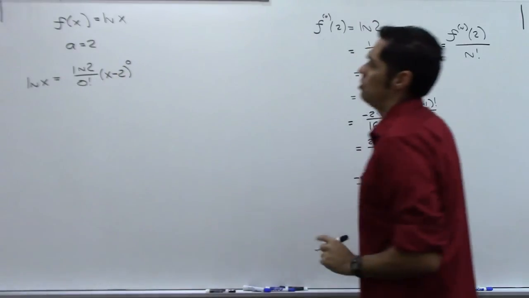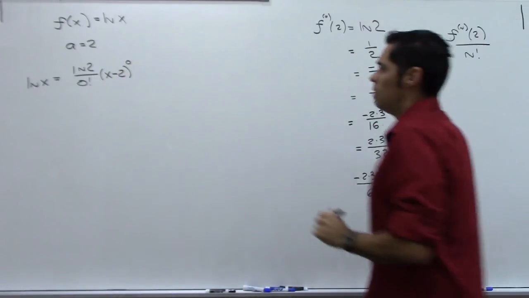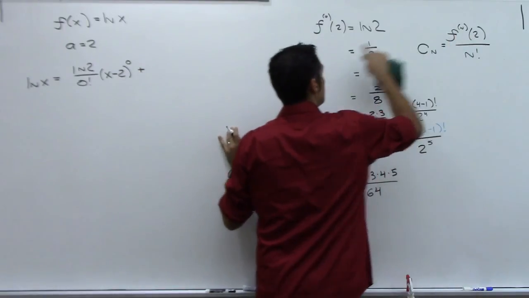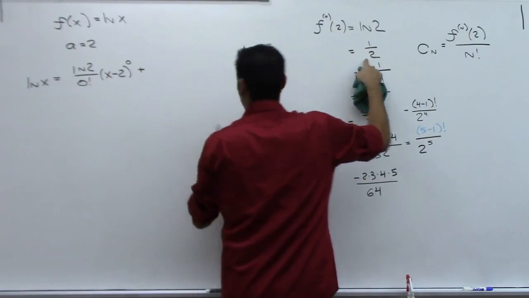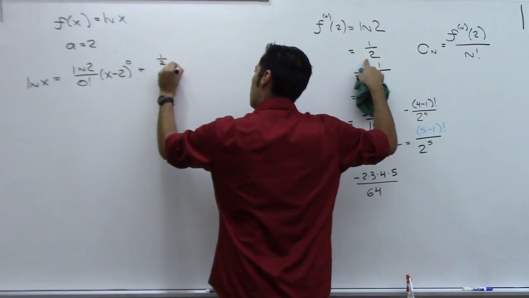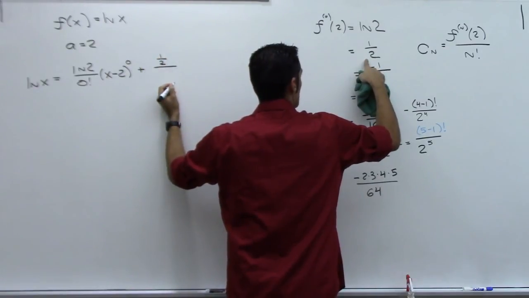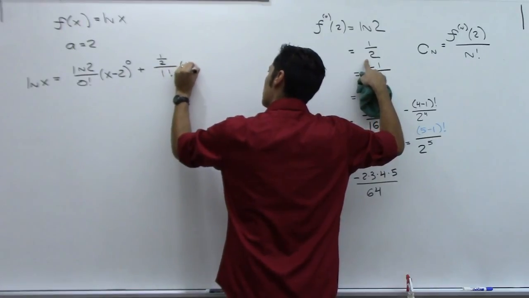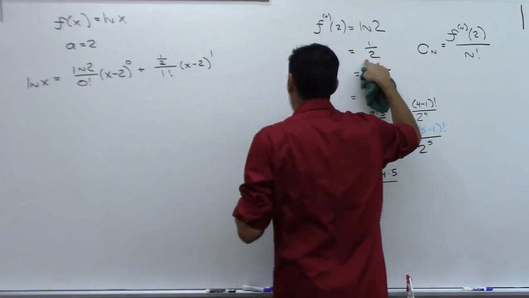So that's the first term, plus c sub 1, which would be the first derivative at 2, which is 1/2, over 1 factorial, x minus 2 to the first.